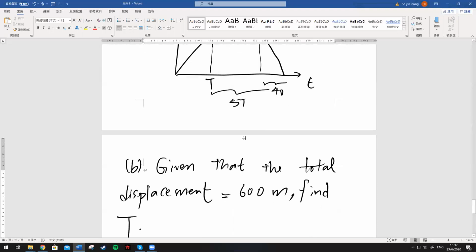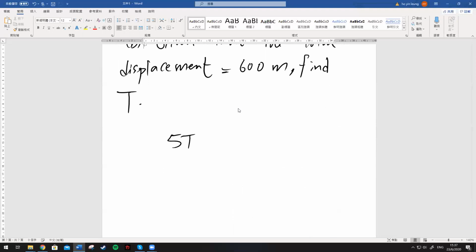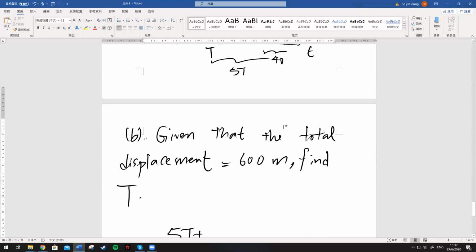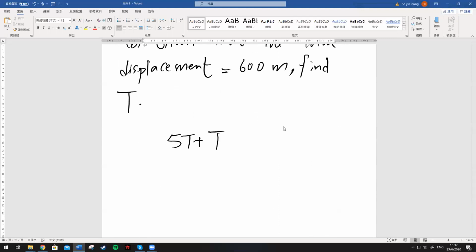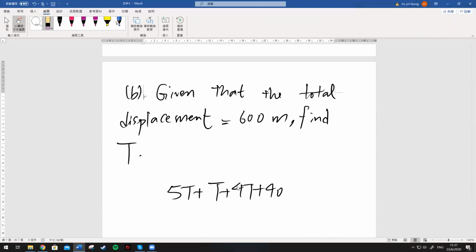So here the upper base is 5t, and the lower base is t plus 5t plus 40. So 5t plus t plus 5t plus 40. And then the height is 8, and then 1/2. That's equal to 600.